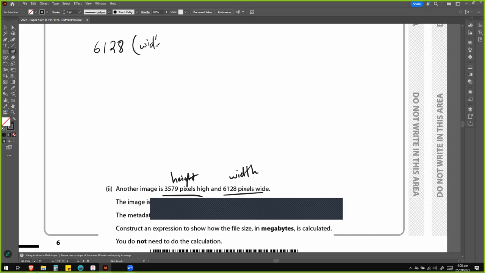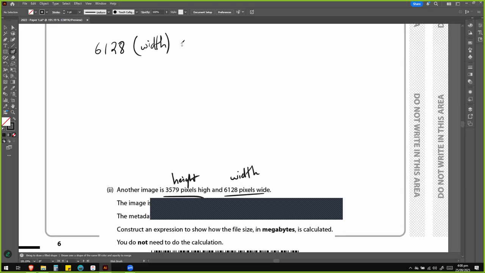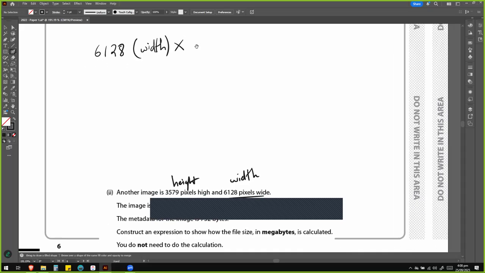This is the width. I like writing the type of value in the parentheses so that we know we are keeping track of things. Sorry, not plus, we will multiply. That's how we build the expression. We learned this in our course. 6,128 multiplied by the height. So the height is 3,579 pixels. This is the height.